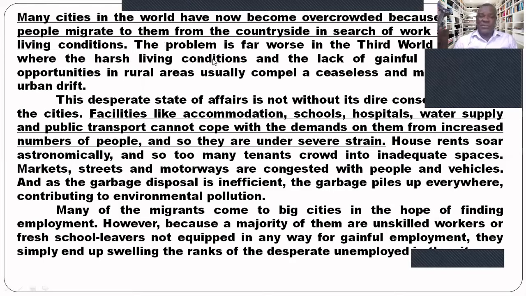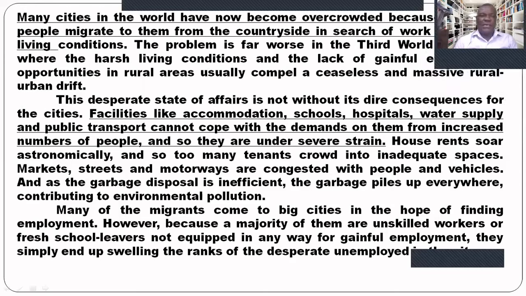And then we read the other ones are just supporting that major idea. You don't have to include them in your summary. The problem is far worse in the third world countries, where the harsh living conditions and the lack of gainful employment opportunities in rural areas usually compel a ceaseless and massive rural-urban drift.